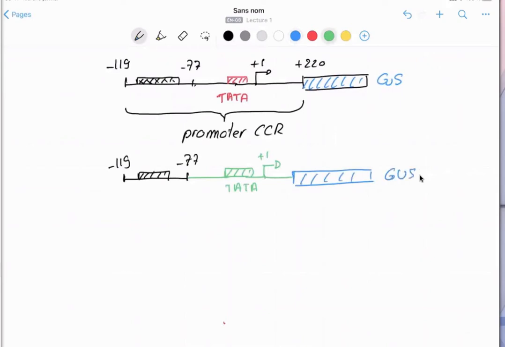Do you understand the idea? The idea, it is here what we call a minimal promoter. Minimal promoter means Tata only. Do you understand? Yes or no?